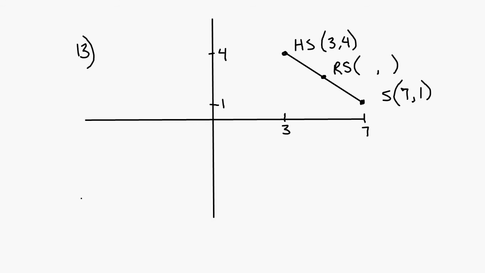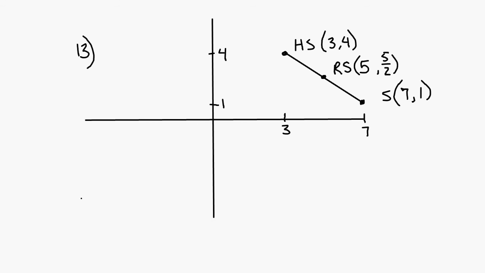So what's the middle of 3 and 7? What's 3 plus 7? 10 divided by 2? 5. What's 4 plus 1? Divided by 2? Good. 5 over 2, or 2.5. Alright, so that's the first part of the answer. What are the coordinates of the rest stop? Well, the rest stop's located at 5 and 5 over 2.